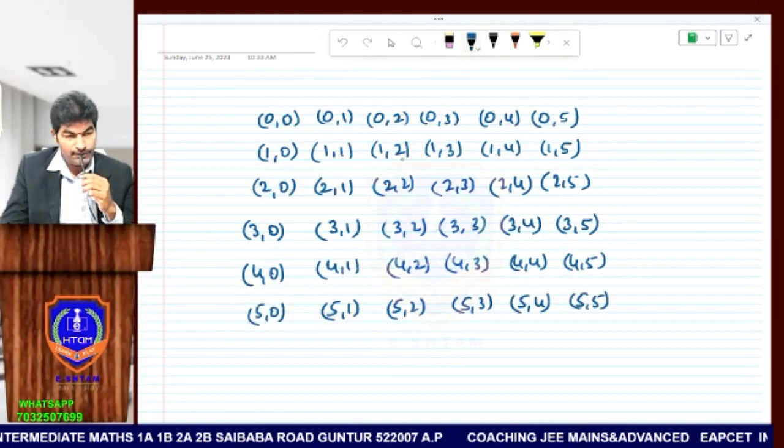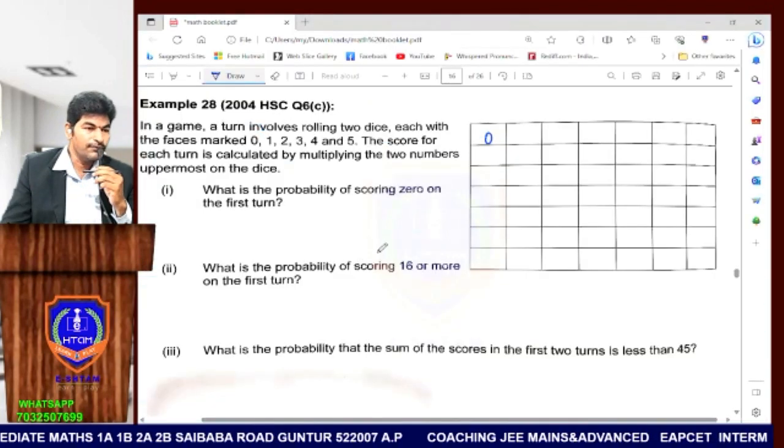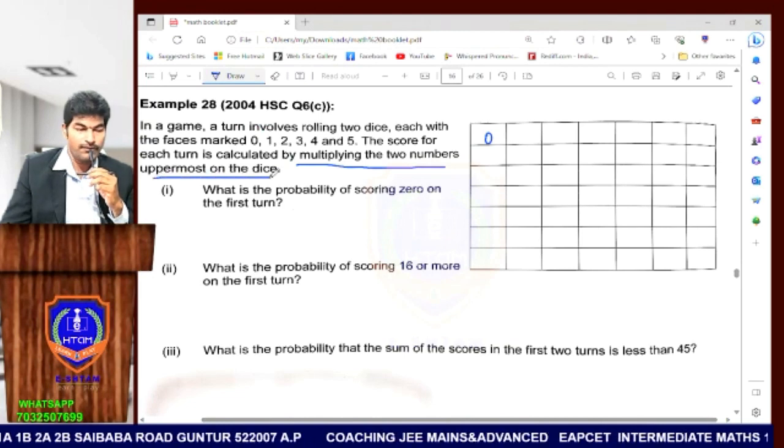These are the events when the dice are rolled, multiplying the two numbers uppermost on the dice. What is the probability of scoring 0 on the first turn?